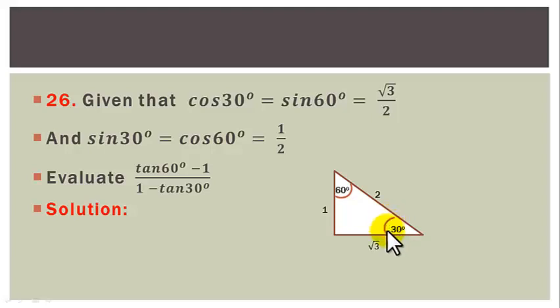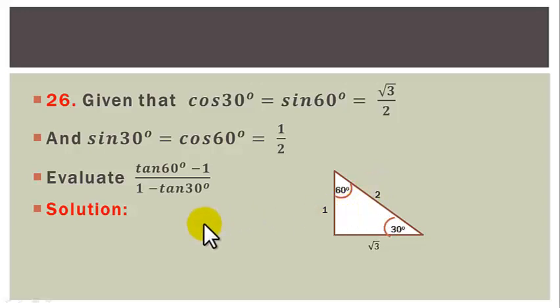Clearly, cos 30 is adjacent all over hypotenuse, which is also root 3 over 2. Also, cos 60 is 1 over 2. Cos is adjacent all over hypotenuse. If this angle is 60 degrees, this is the adjacent side. So that means this side is 1, and this hypotenuse side is equal to 2.